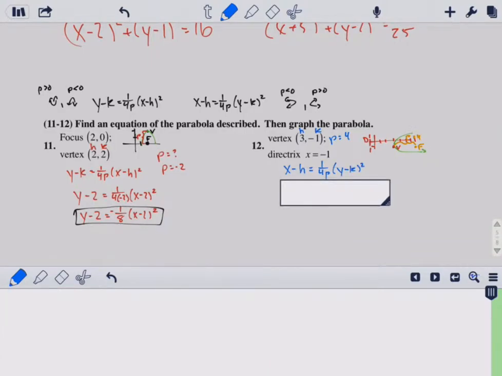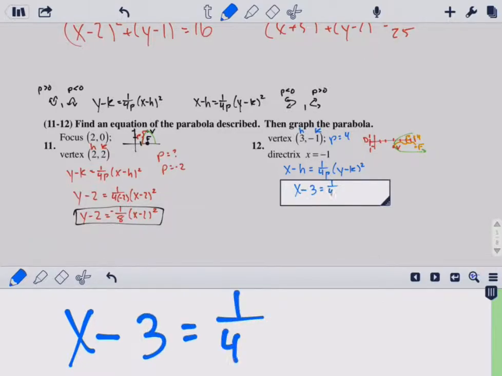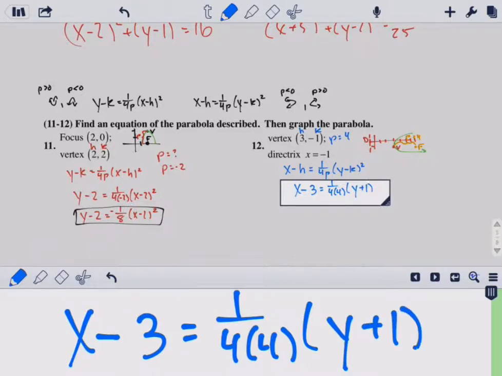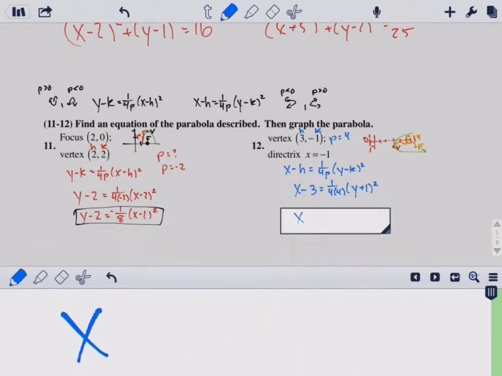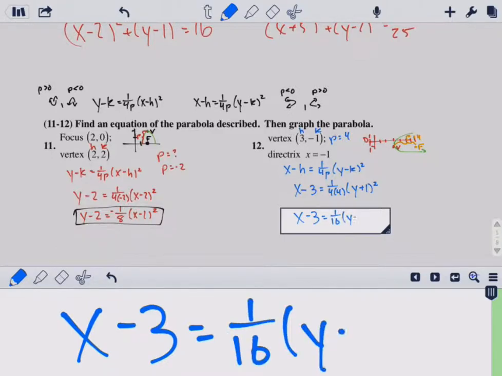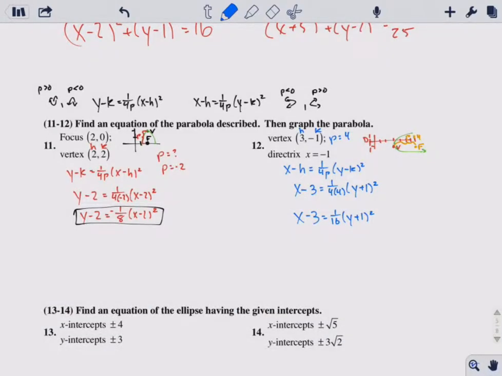So x minus 3 is equal to 1 over 4 times 4 times y plus 1 squared, or x minus 3 is equal to 1 over 16 times y plus 1 squared. That's your answer for that one. Okay, there's 11 and 12.